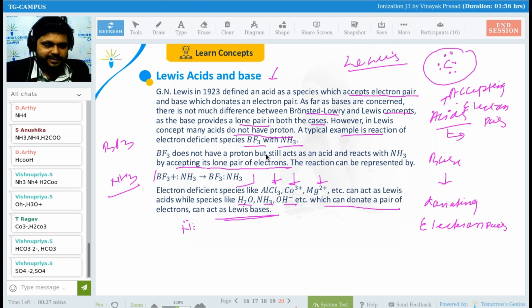What are Lewis base and Lewis acids? Can anyone tell me? Atachaya, can you please tell me what are acids and what are bases according to Lewis? Are you there? Yes, Atachaya is there. Kaniska, what do you say?